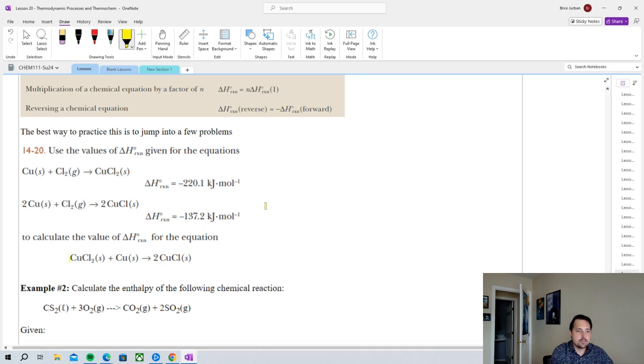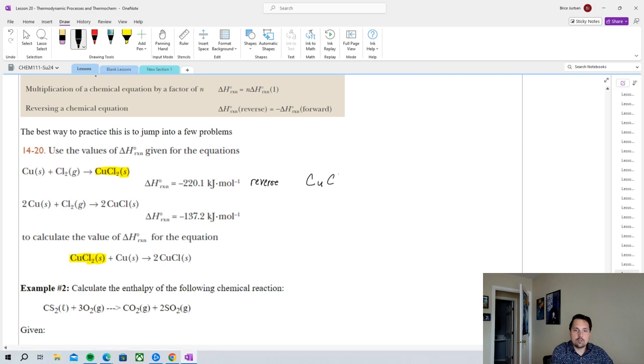It's really quite simple. You have copper 2 chloride here. That's a reactant in the overall reaction, but it's a product in the first reaction that's written. So I'm going to need to rewrite this first reaction; I'm going to need to reverse it. We'll apply this principle, reversing a chemical reaction.